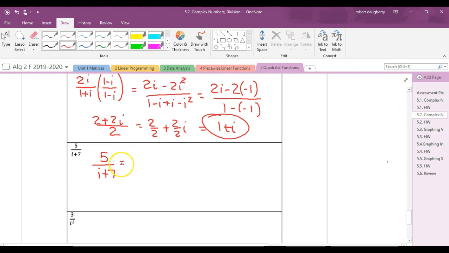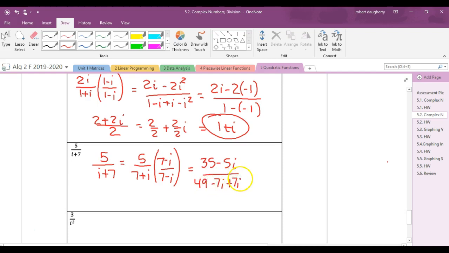It's better to write this as 5 over 7 plus i. Now I need to multiply by what? 7 minus i over 7 minus i. Okay, so this becomes what? 35 minus 5i, and then over, this is 49, and you get minus 7i plus 7i minus i squared.